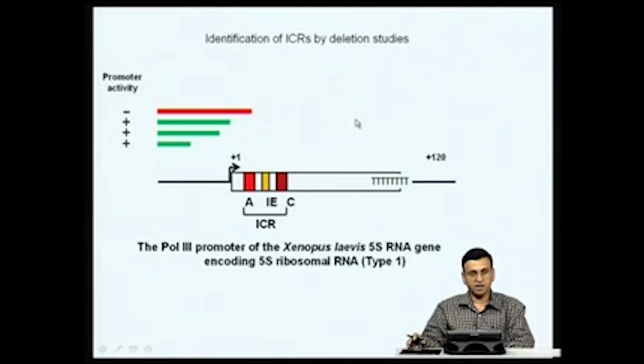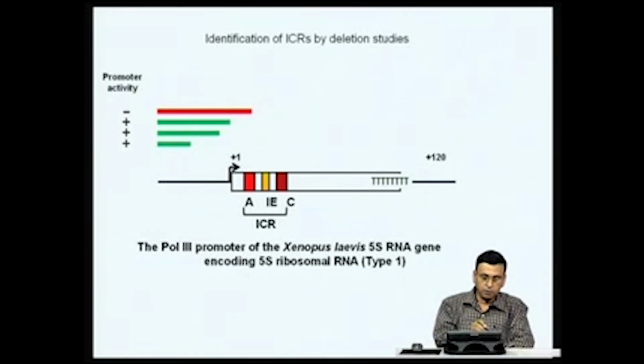So, basically the strategy is similar to what we have studied earlier, where people started making deletions towards the 5' end of the transcription start site. They found that when you delete the 5' regions before the transcription start site, it had no effect on the promoter activity, clearly indicating that there are no cis-acting elements or major promoter elements 5' to the transcription start site.